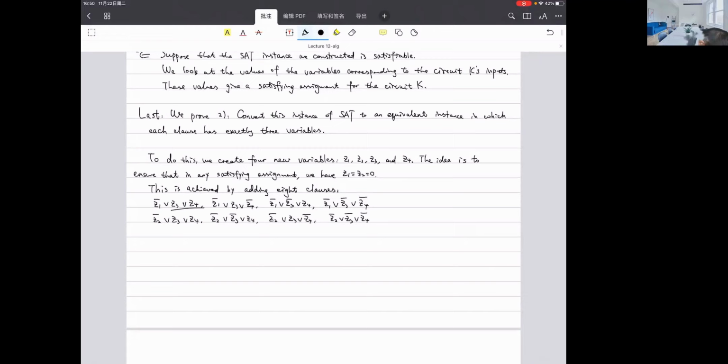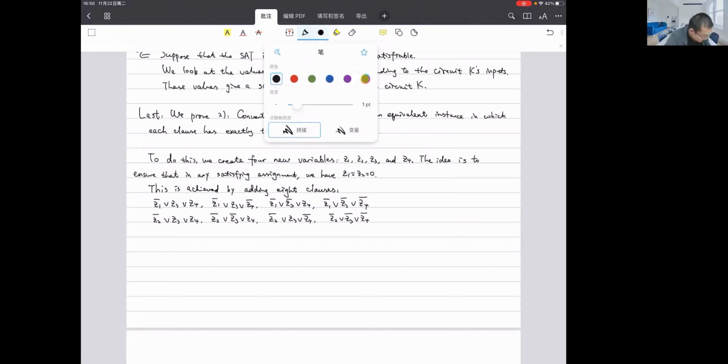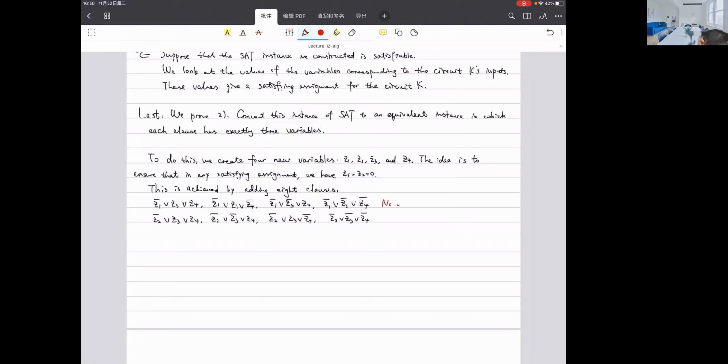So the key observation here is that we just enumerate all the possible choices for the Z3 and Z4 here. So the point is that no matter how we choose Z3 and Z4, one of Z3 or Z4, Z3 or Z4 not, Z3 not or Z4, and Z3 not or Z4 not is 0.